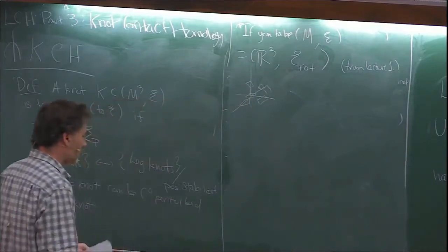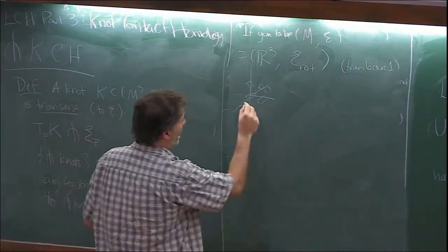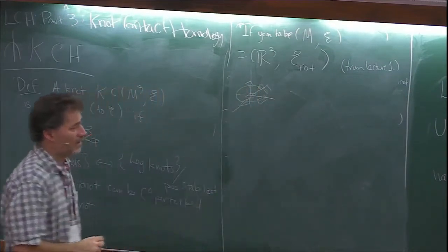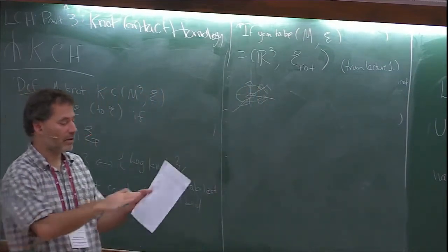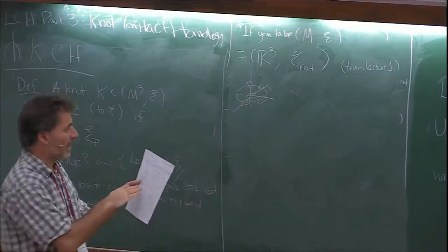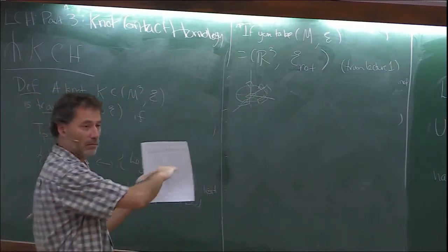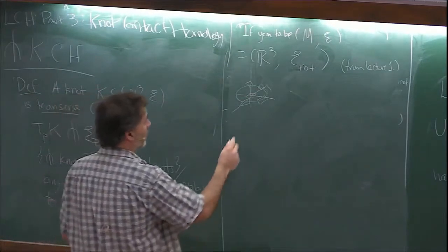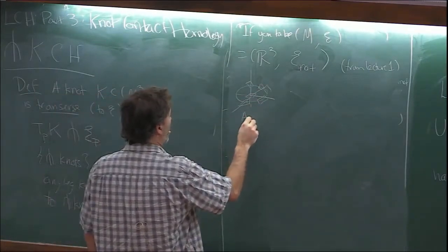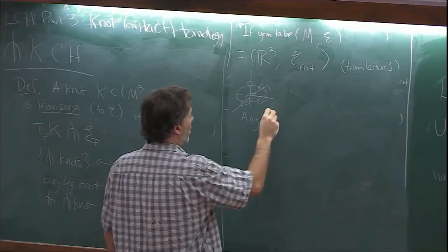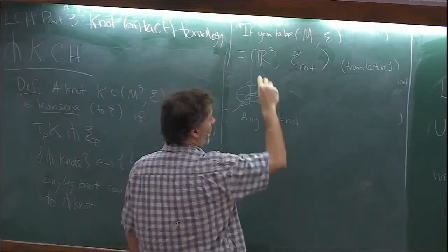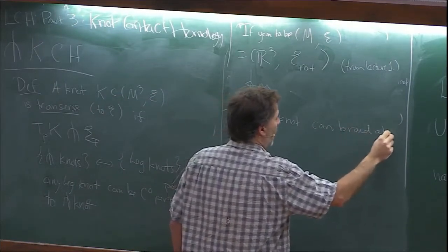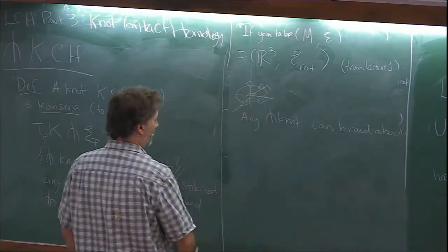Okay, so in this case, we can take this flat knot and this is transverse. It's always hitting the contact distribution at the same angle. Then any transverse knot here can braid about this flat unknot.